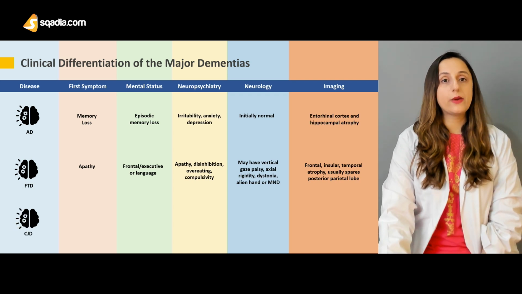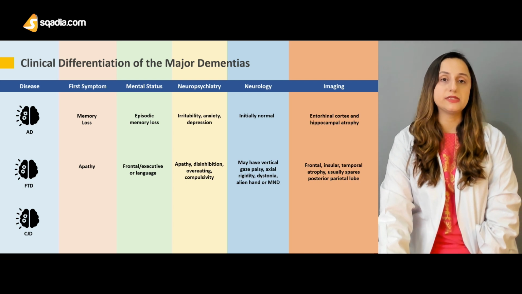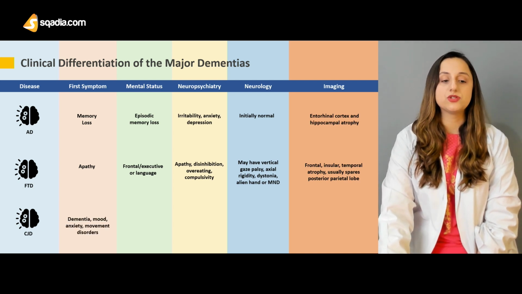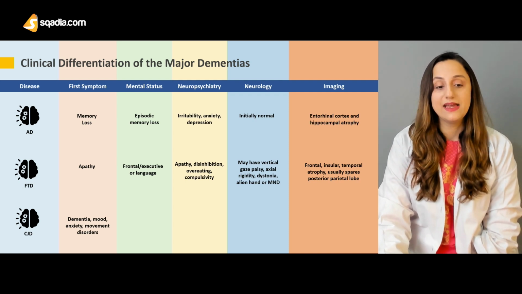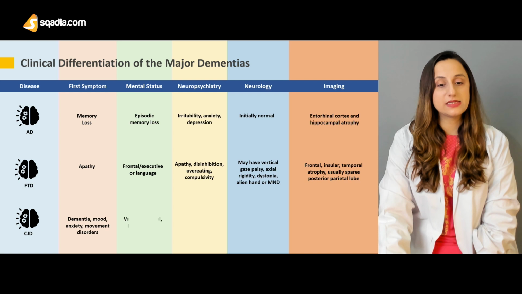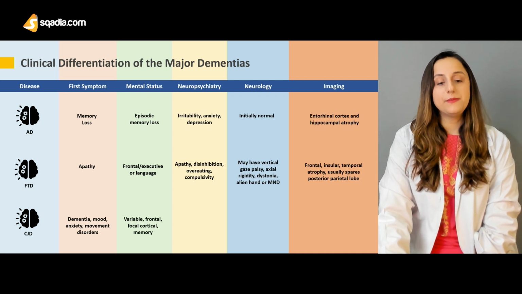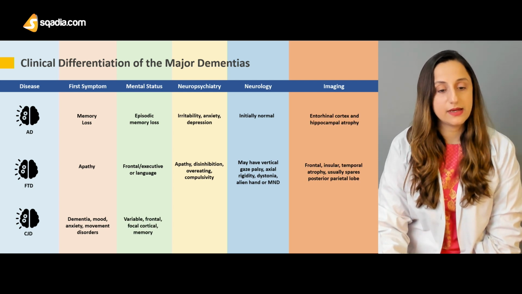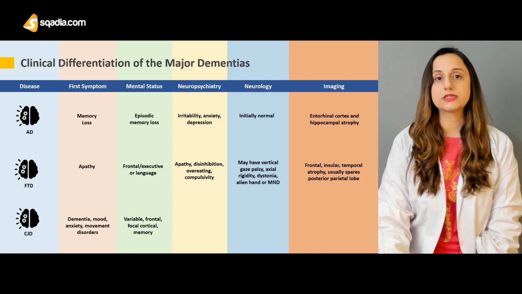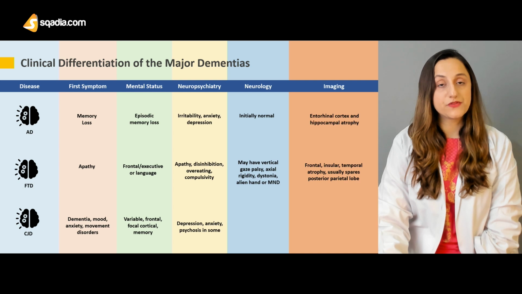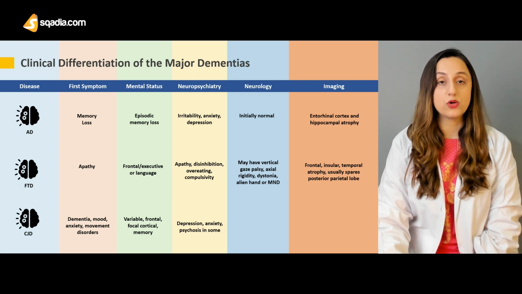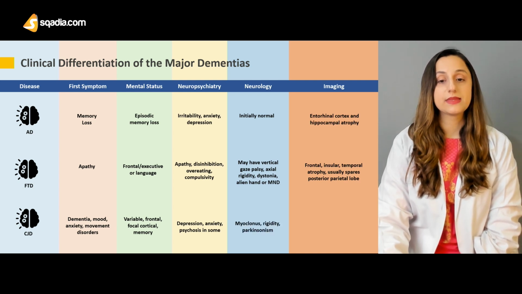Then we have another variant which is known as Creutzfeldt-Jakob disease. Patients usually suffer from dementia, mood disorders, anxiety, as well as movement disorders. The mental status is quite variable. Patients have frontal focal cortical memory loss. They may have episodes of depression, anxiety, and psychosis in some patients.